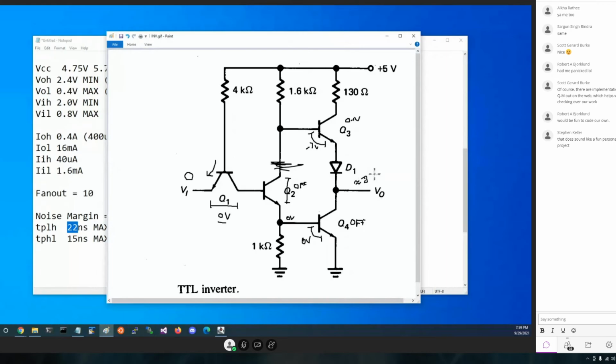It doesn't really make 5 volts. Well, if you get anything above 2 point whatever it was, 2.4 volts, it's going to appear to be a 1. So 0 in, 1 out.